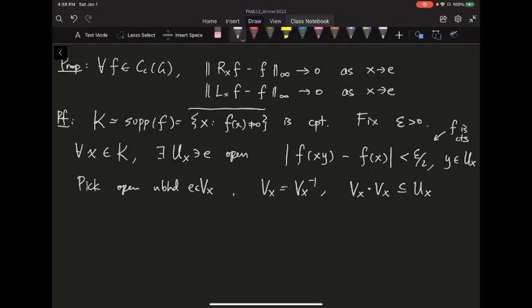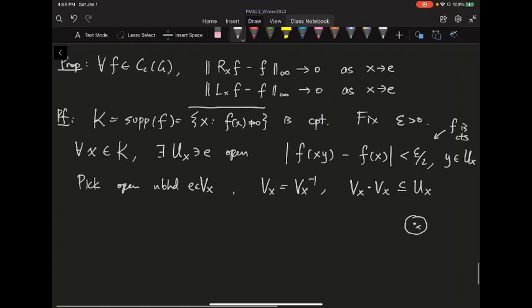The idea is, here's the x, and if you translate x by this V_x, then your function is close enough to f(x). Everything inside x translated by V_x gives a nice approximation of f(x).